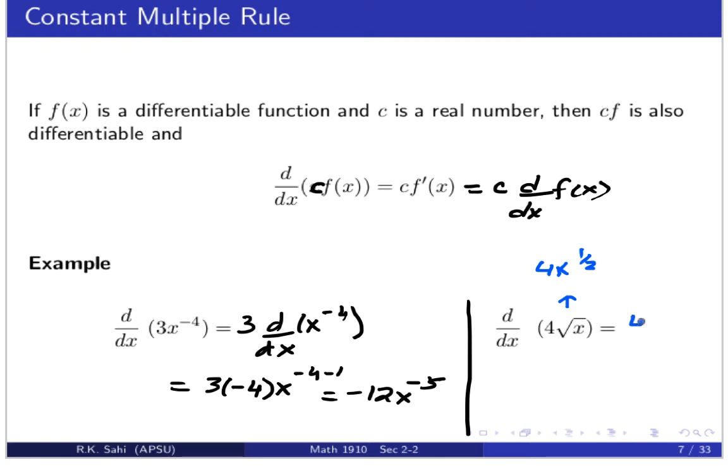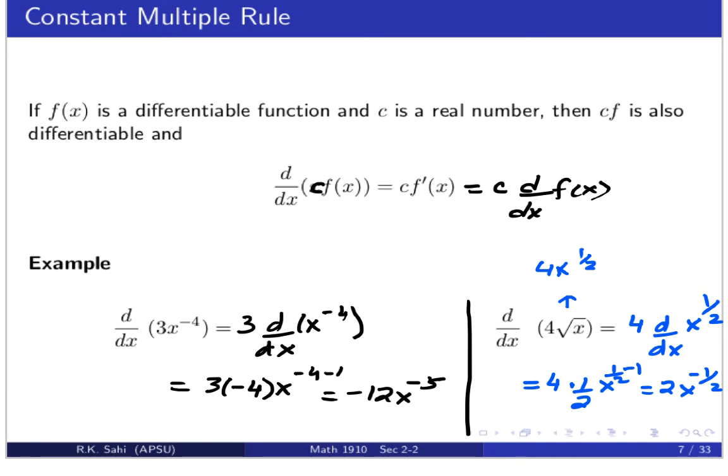Now remember, this simply means you take the 4 out and you're taking the differential of x to the power half. So now take the differential, 4 times half x to the power half minus 1. So 4 and 2, there's a common multiple, so you can take the common multiple out. So it's going to be 2x to the power minus half. So you can leave the answer as it is.